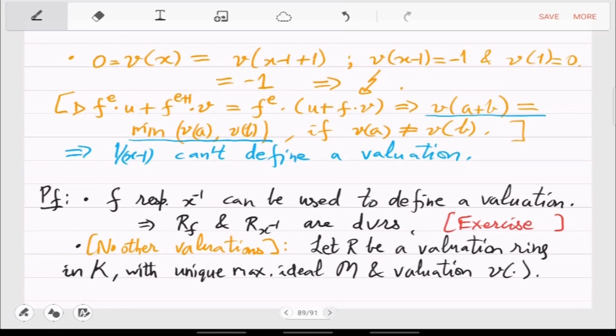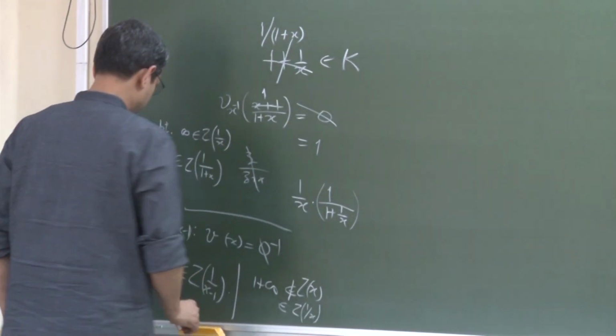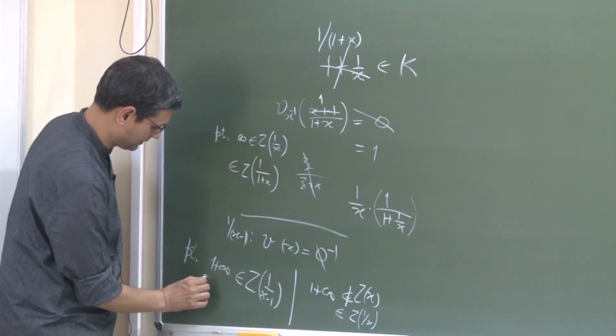So we have to actually properly argue why isn't 1 plus infinity... I think it seems to me that it will give you the same valuation as the point at infinity. Maybe that would be the correct argument. So 1 plus infinity is the same as infinity.